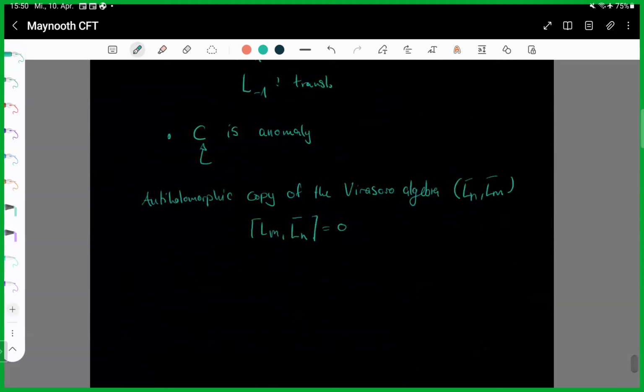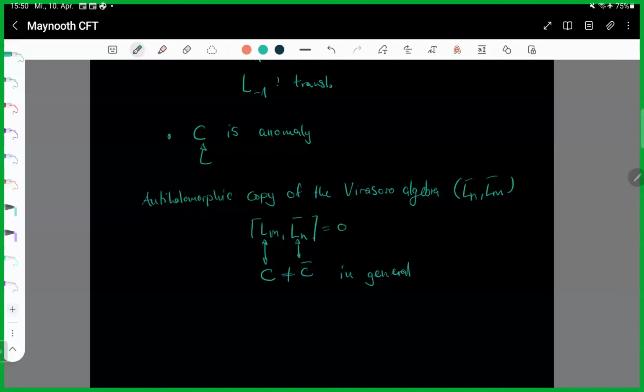And here you have additionally, in the case of the Virasoro algebra, a central extension C for the left moving, for the holomorphic sector, and you have a central extension C bar for the right moving sector, sorry, for the anti-holomorphic sector. And in general, they're going to be distinct. For our purposes, we really don't have to think much about them.